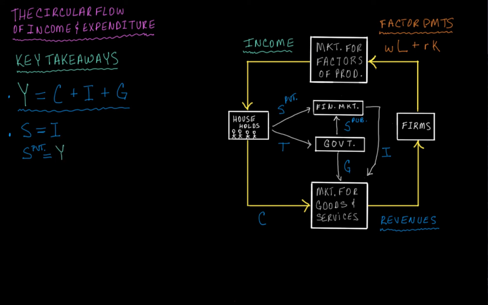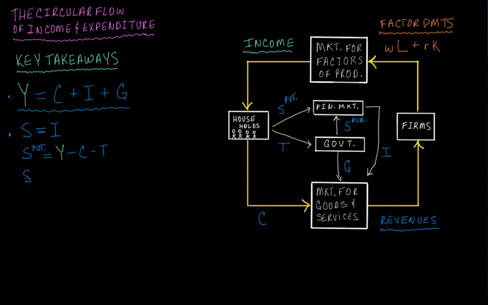So it's income minus consumption flows here minus taxes. It has to be. You can see that households receive Y and they spend some of it on T, taxes, and some of it on consumption. Everything else, the only other arrow leading out of a household, is private savings. So this is just the definition of private savings.